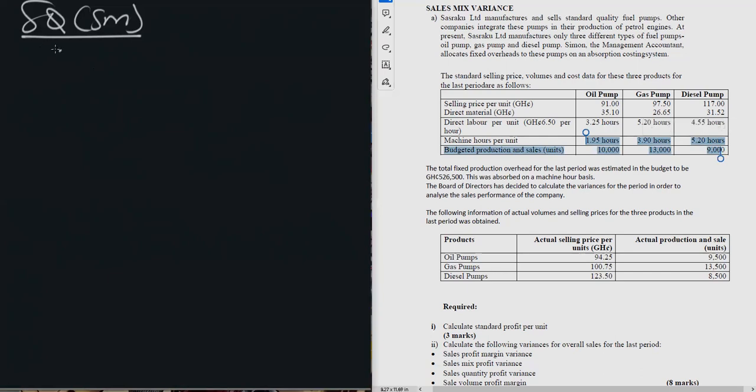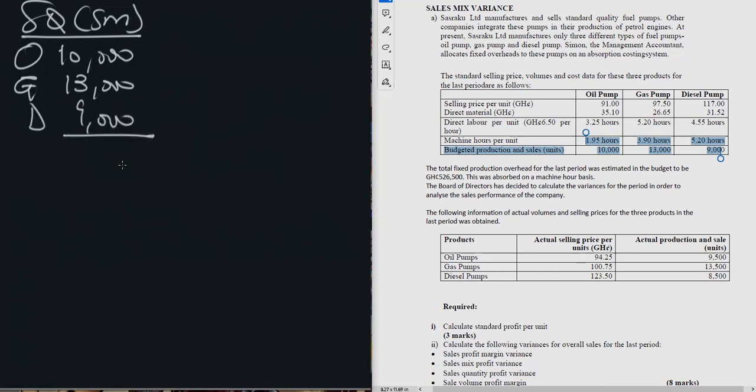So the standard mix, when I take oil pump, we expected to sell 10,000 units of oil pump, that's budgeted, right? We expected to sell 13,000 units of gas pump, and 9,000 units of diesel pump.